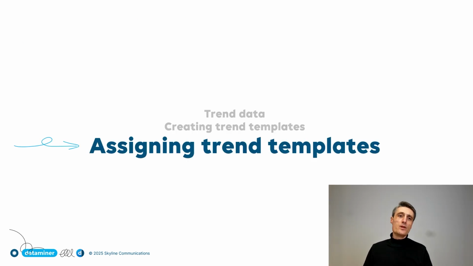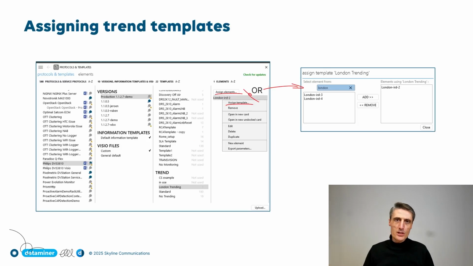Okay, so we did already assign it, but just for the record, if you want to assign your trend template, you select your trend template, you click on the assign, or you right click on one of the existing elements there and you go for assign, and you have that assign pop up again, where you see all the elements that are potentially applicable for this trend template, and you can move them left or right.